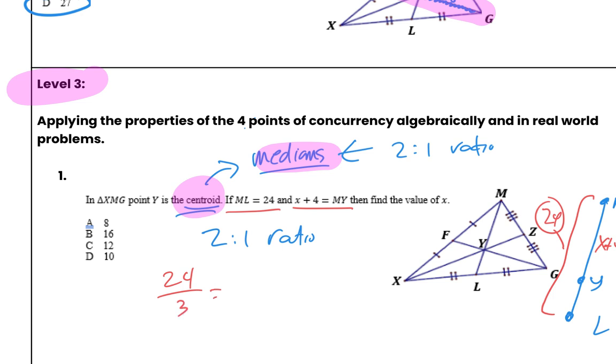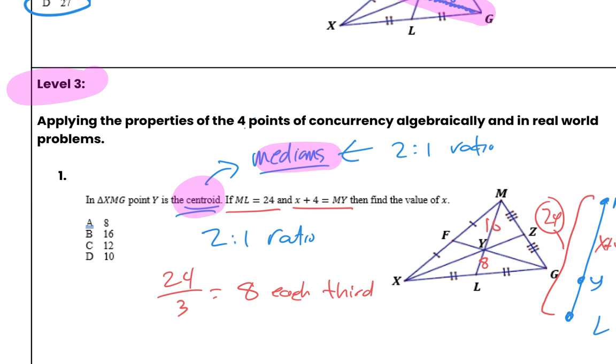Each part is going to be 8, each third is 8. So this is 8, and if this is on a 2-to-1 ratio, if this is the 1, this would be 2 times 8, so this would be 16.